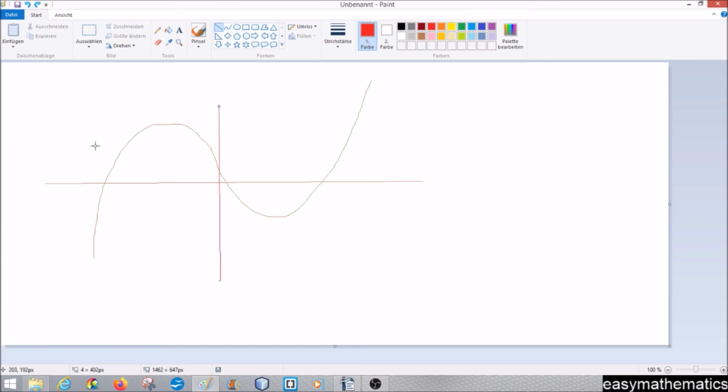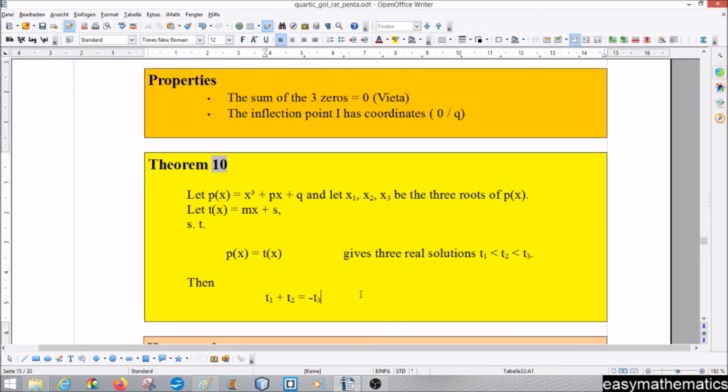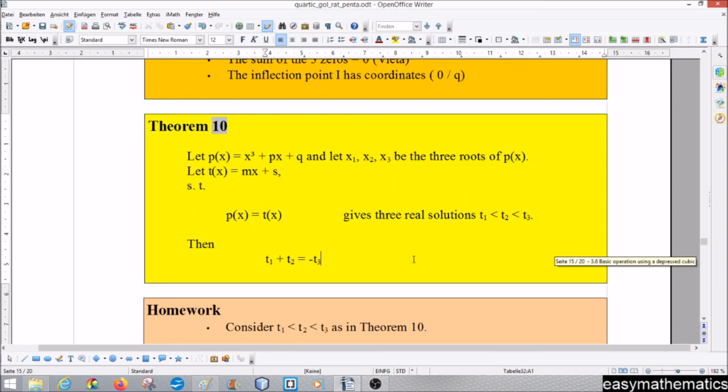If we take a secant with 3 intersection points like this, okay, so 1 intersection point here, 1 here, and 1 here, then our theorem says that this point plus this point equals negative this value. Okay, so this is what our statement is telling you. Okay, and the proof is really easy.